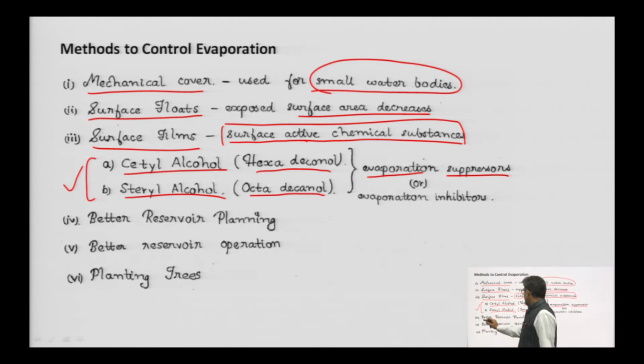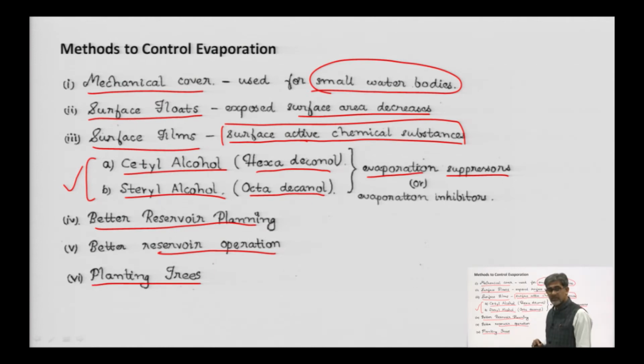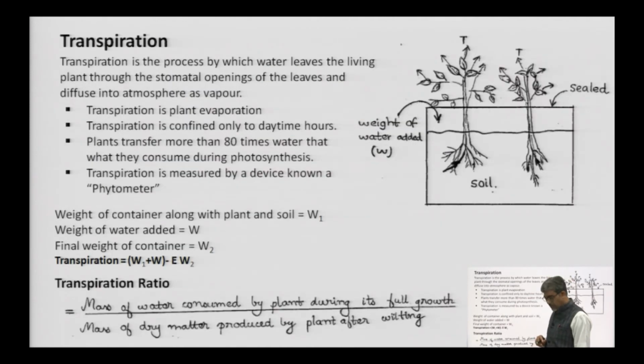Better reservoir planning and better reservoir operation, and planting trees, can also be methods to control evaporation.